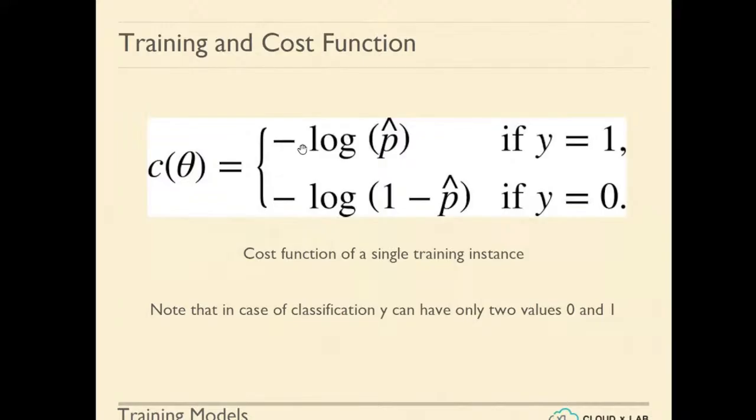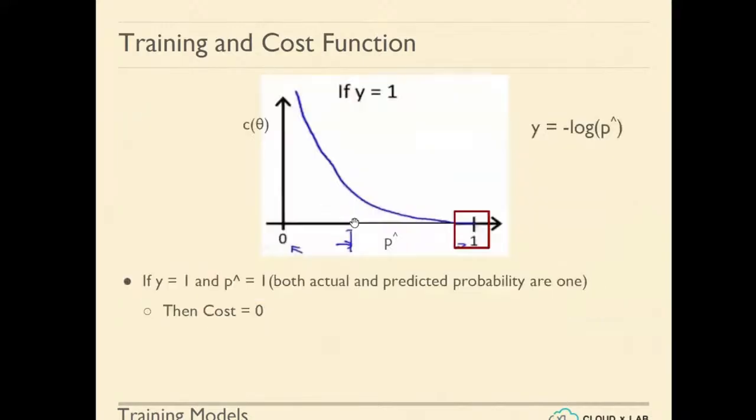Because this minus log p hat will give us some positive number if my input does not belong to the positive class, and that number will increase as you decrease this probability.